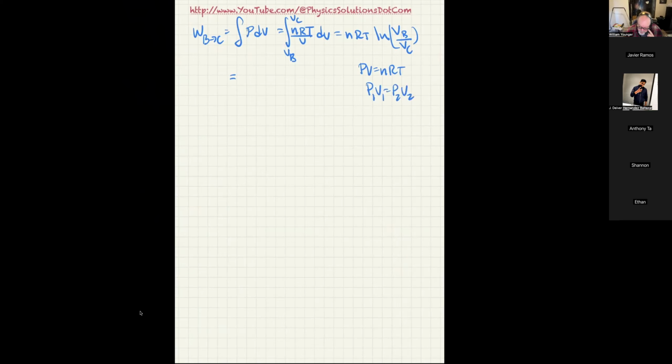So I could use PAVA in place of NRT, or I could use PBVB in place of NRT. All of it doesn't matter at all. What I'm going to do in this case is, work is equal to the integral of PdV, and I'm going to go from B to C.